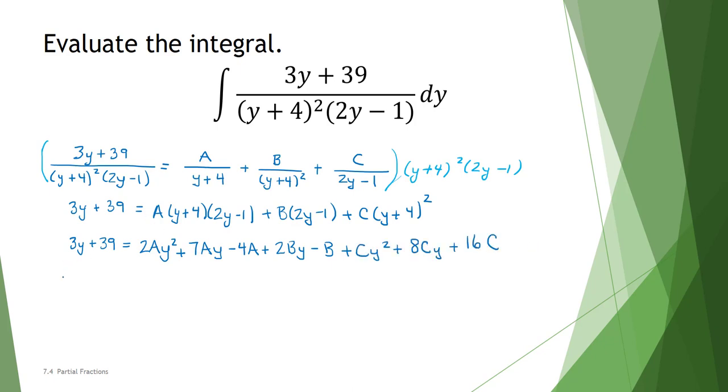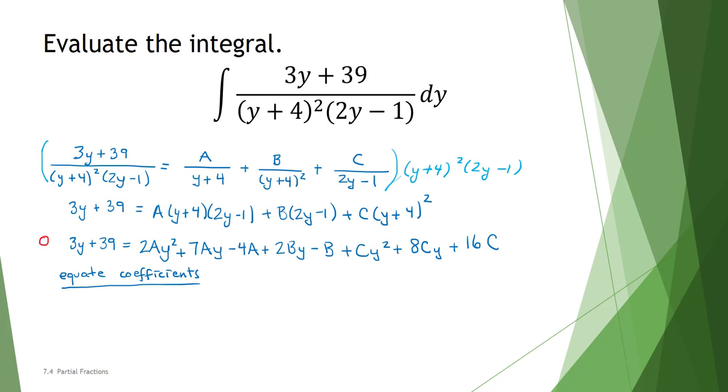Now we are going to do what is called equating coefficients. The idea here is that if I focus on the variable y, I have a polynomial on each side of this equation, and two polynomials can only be equal to one another if their coefficients on each power of the variable y are equal.